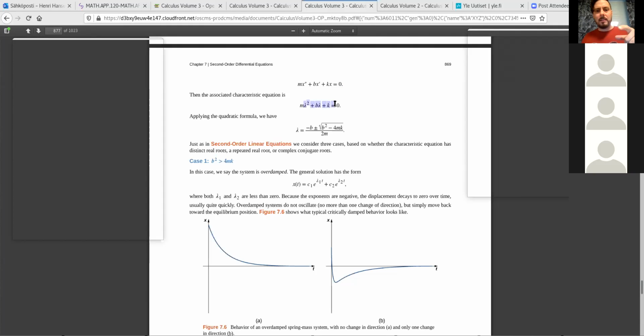So formulating the characteristic equation like this, b is some coefficient that's called the dampening coefficient.